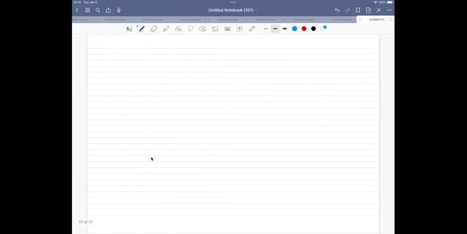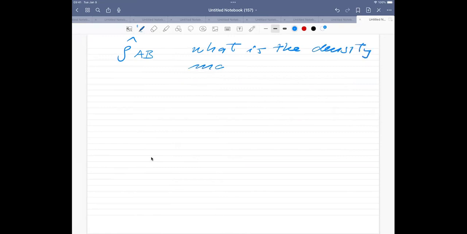So the question is, suppose now that we have a rho for system A and B. If I have this for system A and B, then you may ask, what is the density matrix for system A or system B?